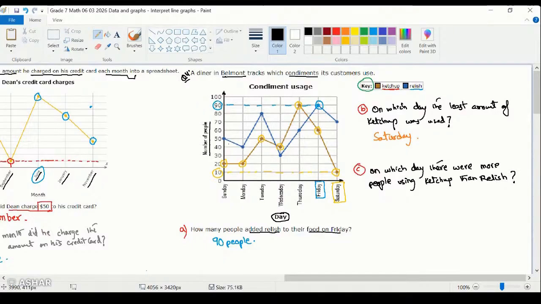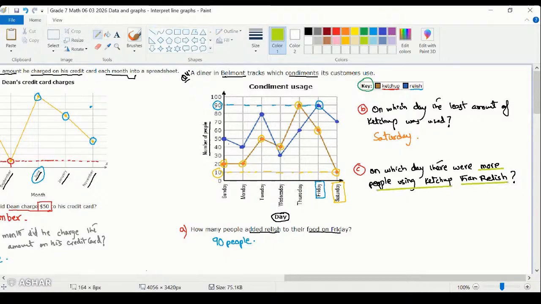So now what we need to do is look at the values over here. The blue dots are representing the amount of relish used, and these orange dots would represent the amount of ketchup used. What they are saying is on which day there were more people using ketchup than relish.